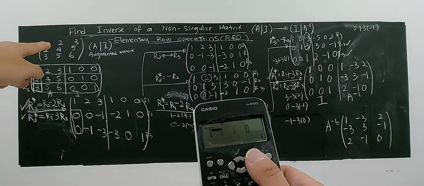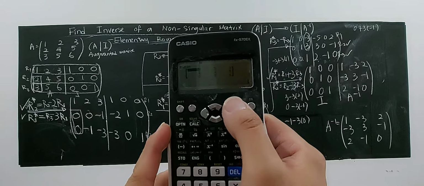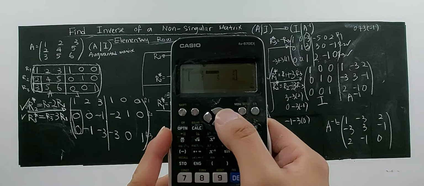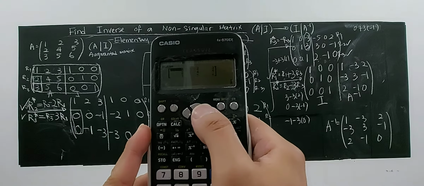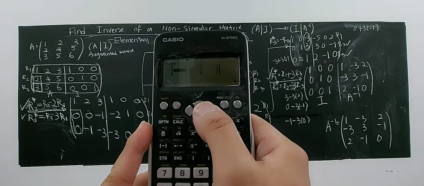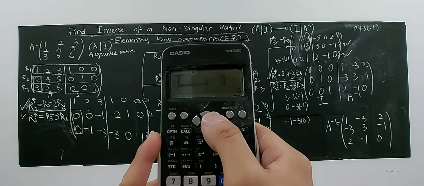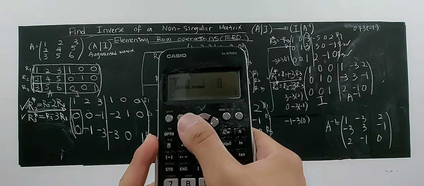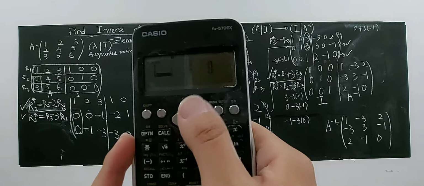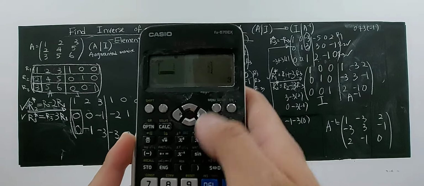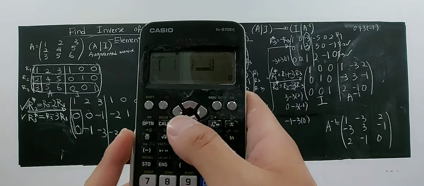Your matrix A: 1, 2, 3, 2, 4, 5, 3, 5, 6, right? Okay, done.